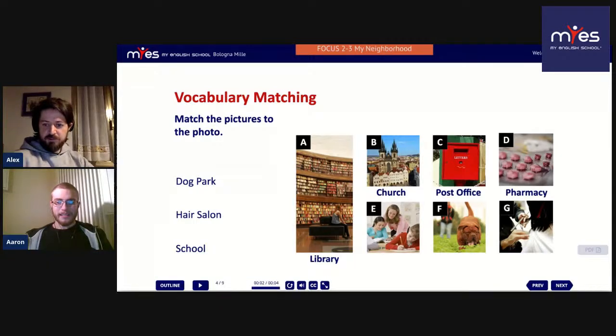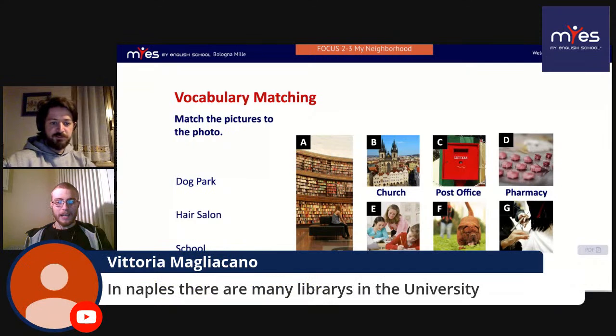Great. So pharmacy is chemist. And Vittoria says that in Naples there are many libraries in the universities, I imagine. Okay, nice. Careful with the plural. If we have a single noun that ends with a Y, it changes. Library is singular. The plural is libraries, and it changes the spelling.